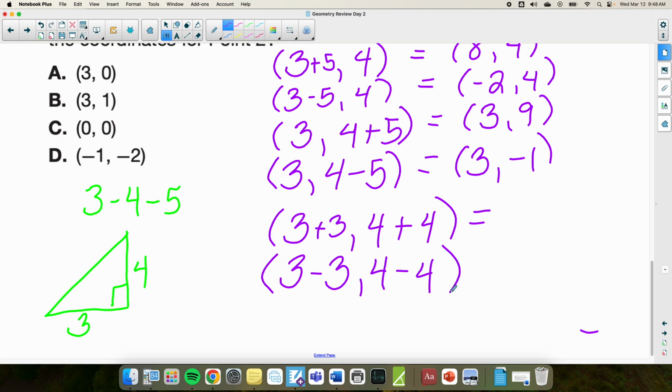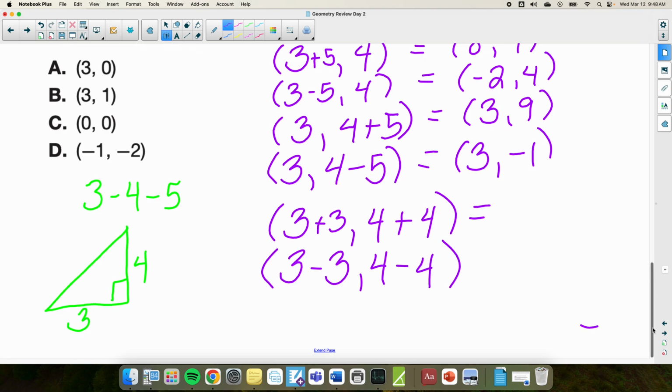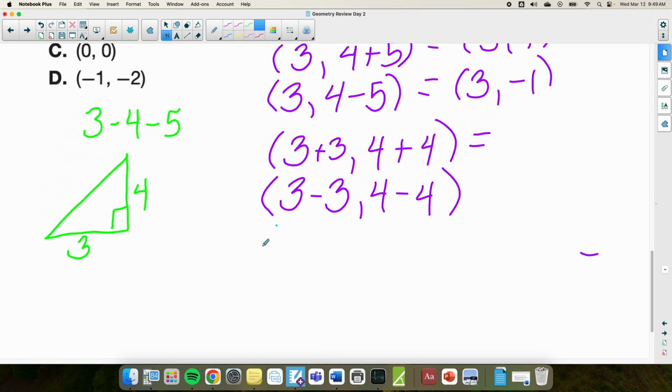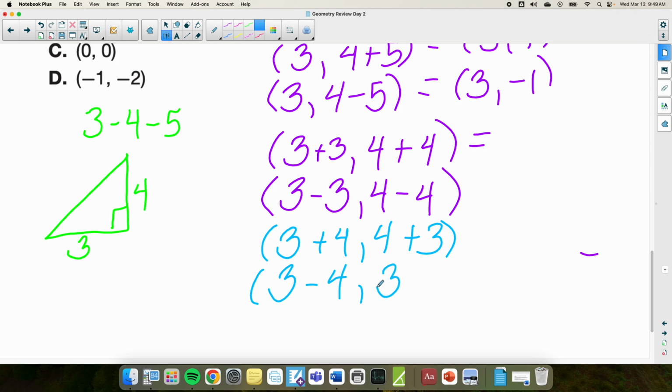And then, just so you know, another thing you would want to do is you would take the 3 and you would add 4, and then from the 4 you would add 3. That's going to be different. From the 3 you would subtract 4, and from the 4 you would subtract 3.